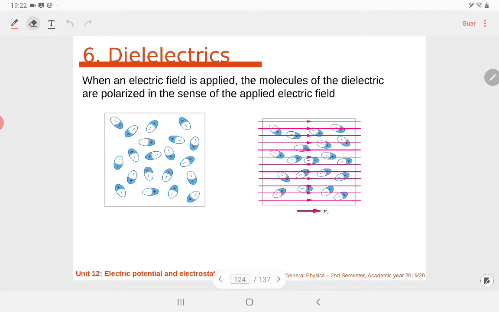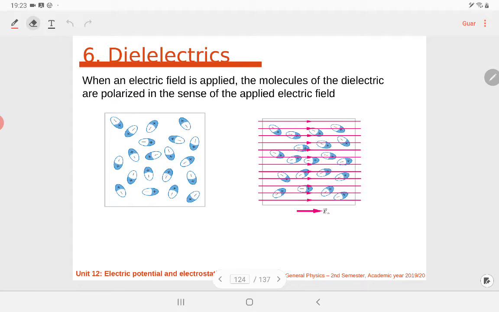However, if we applied an electric field, the dipoles are going to orientate in the sense of the electric field. So here E sub 0 is the external electric field being applied to the dielectric, and here you can see that the dipole molecules have orientated.